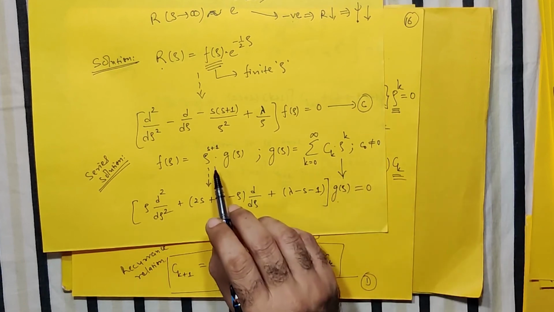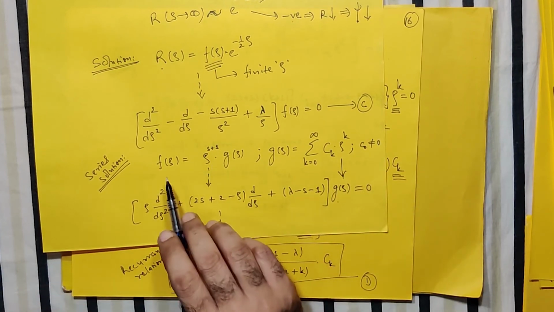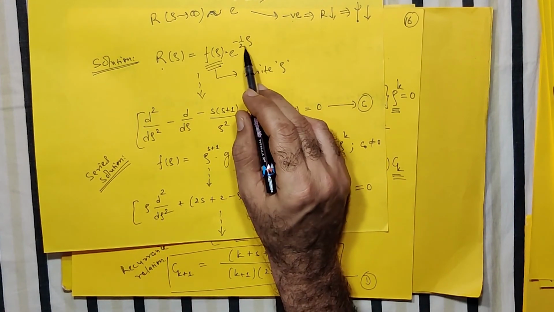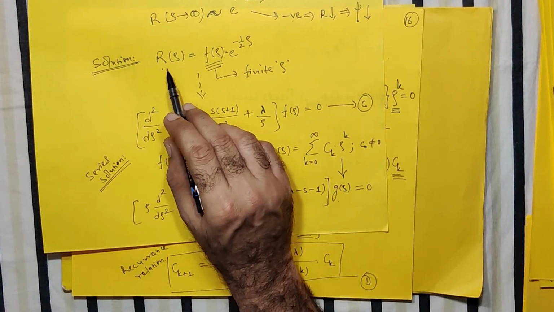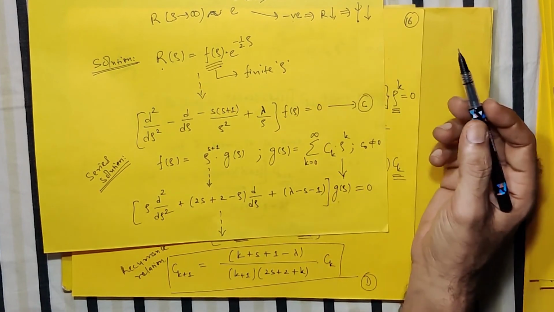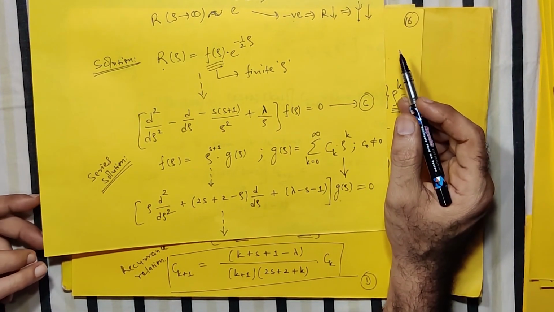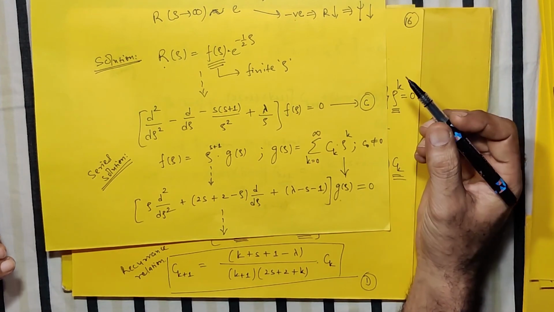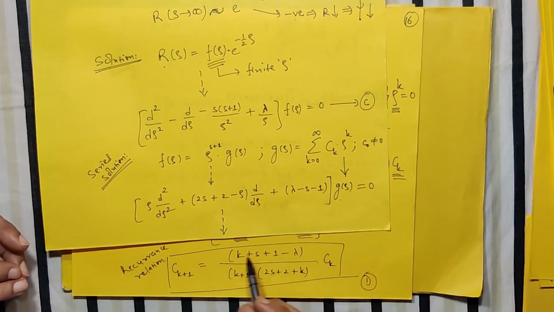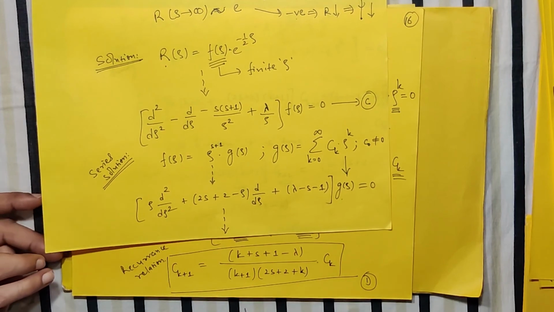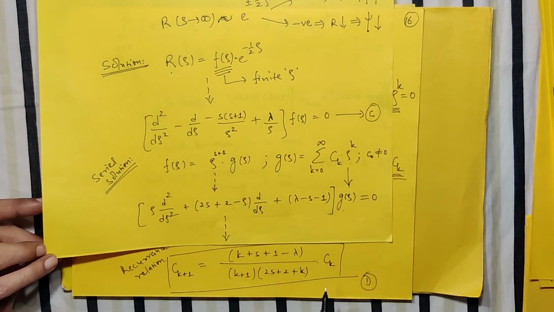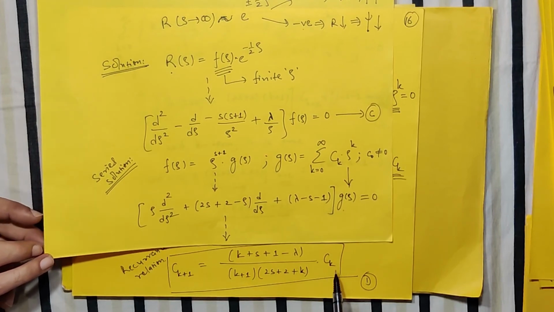So that term will be used here to produce your F. Once you know F, multiplied by this exponential function, it gives me capital R. Once you know capital R, you multiply it with the spherical harmonics Ylm theta phi, it gives the information about the psi. So your problem can be solved provided we solve this recurrence relation. Correct? So basically we are now looking for a solution of this recurrence relation.